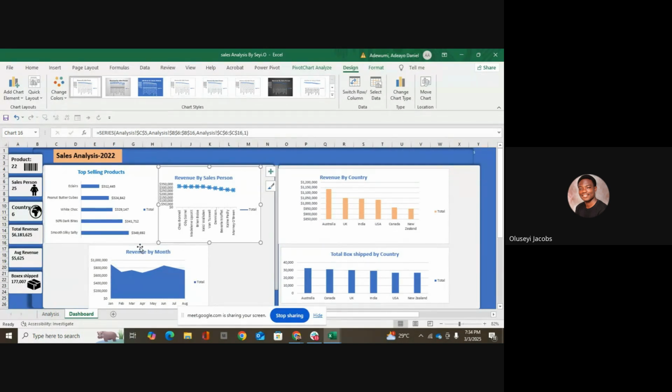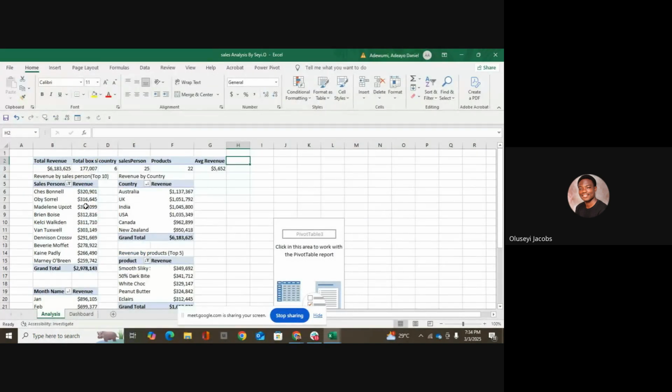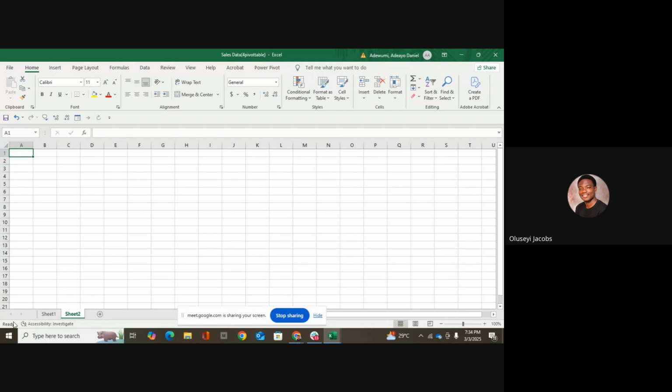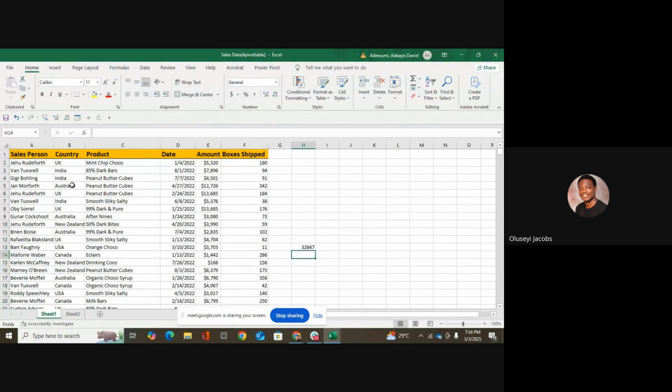So I just followed through, and yeah, my name is Shay, and I'm here to present an analysis on the sales of different products across various countries, and also with the dates and the amount of the revenue that was acquired from the sales throughout a particular year, 2022. That was about 3 years ago.